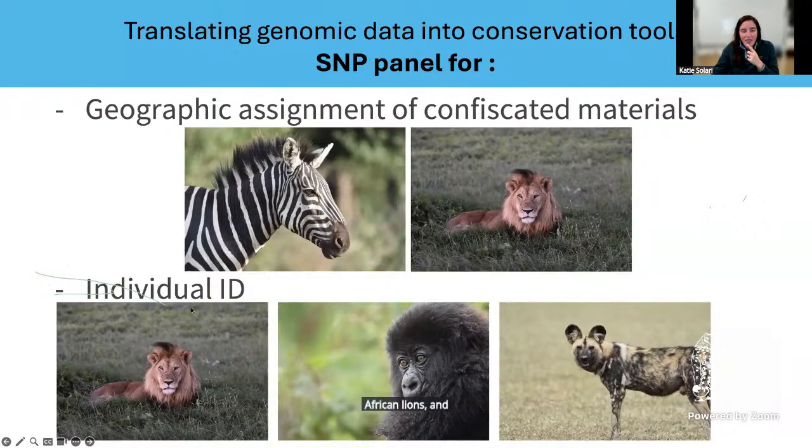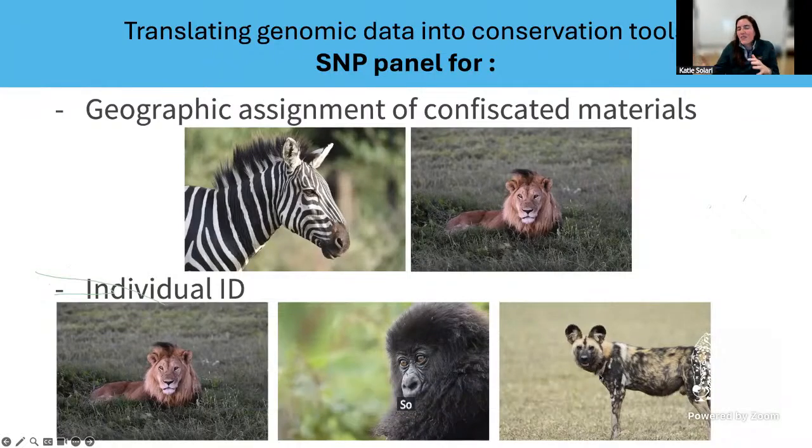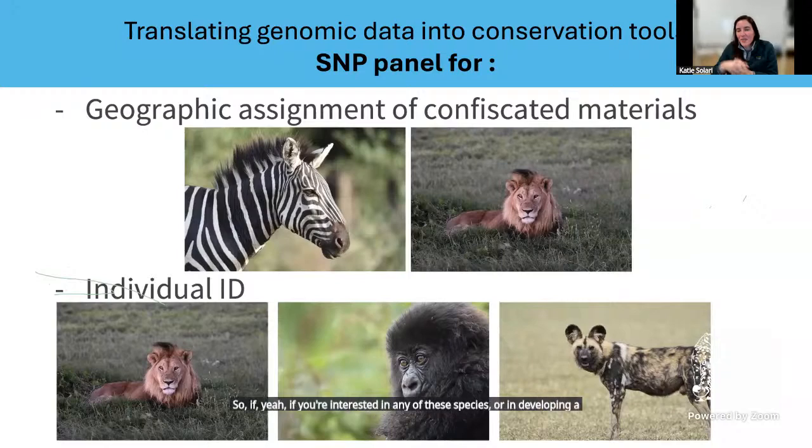And I already have individual ID SNP panels, more for processing fecal samples, for African lions, mountain gorillas, and African wild dogs. So if you're interested in any of these species or in developing a SNP panel for a different species, these protocols are pretty much all the same.